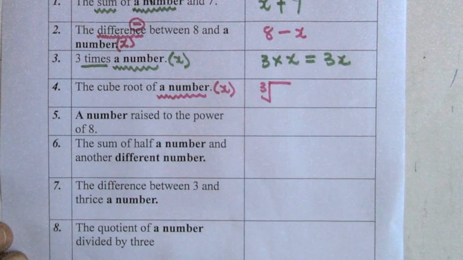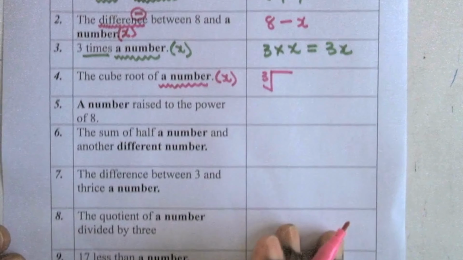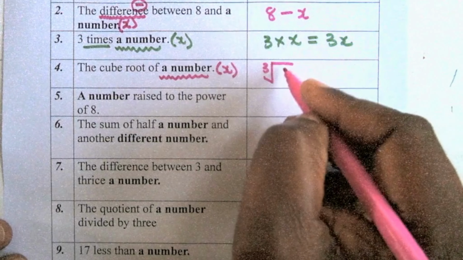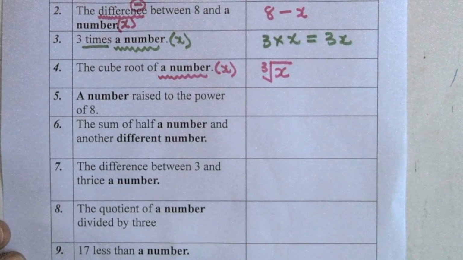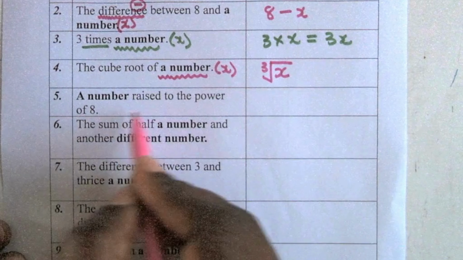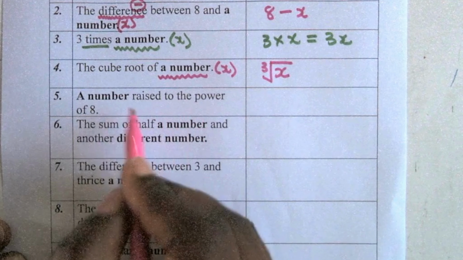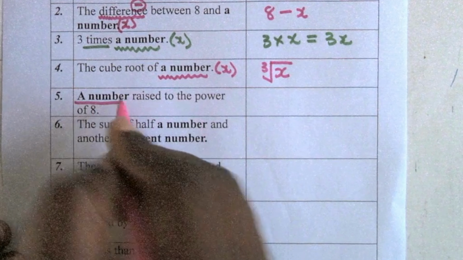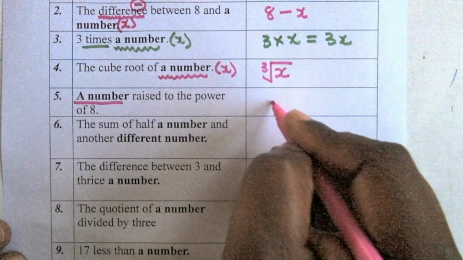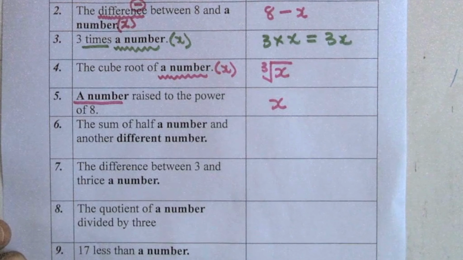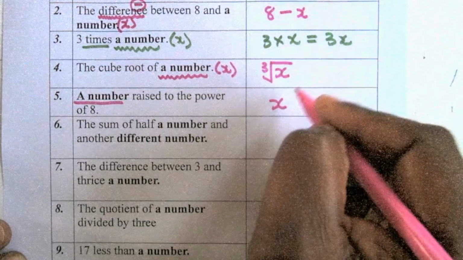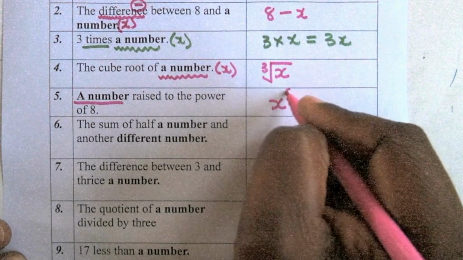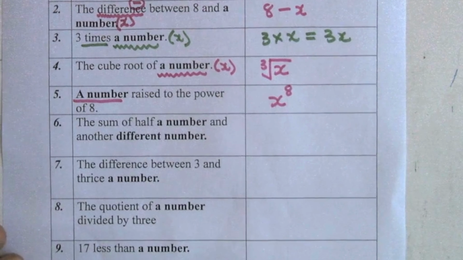And inside the cube root sign, I'm going to put the number here, which is represented by the letter X. In the next question, a number raised to the power of 8. Let's use the letter X for our number. What have we done to this number? We have raised it to the power of 8. So it's going to be X to the exponent of 8.